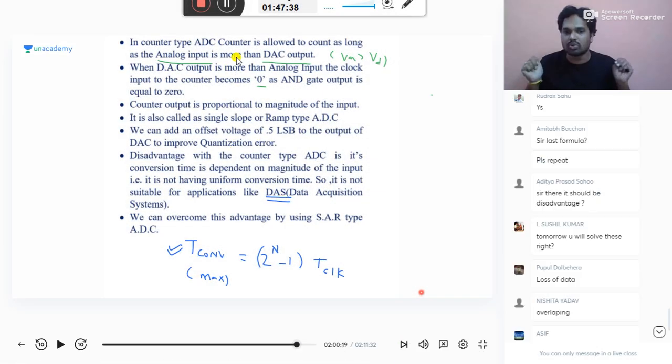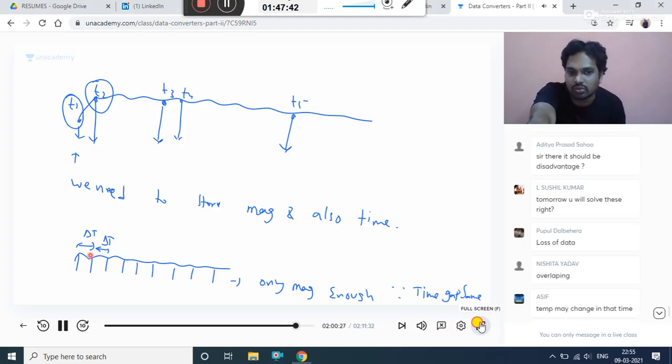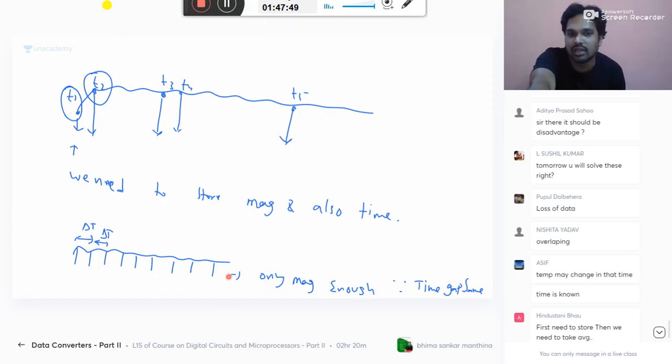If you take only magnitude, where the time gap is by default the same, then these kinds of systems are suitable in DAS. That will be used in SAR that we discuss later.